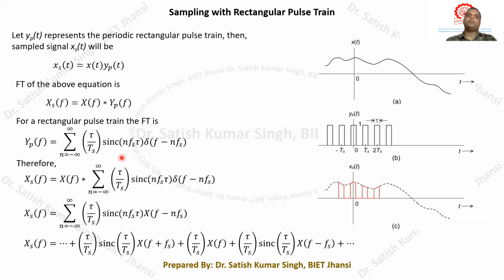Sampling frequency means how many samples we are taking per unit time from a particular message signal. That will be our sampling frequency, which is equal to 1 upon Ts. So sinc(n fs tau), and it will be a delta function, delta(f minus n fs). That will be the expression for the Fourier transform of our rectangular pulse train. Please, I request all the students, please work this one out.